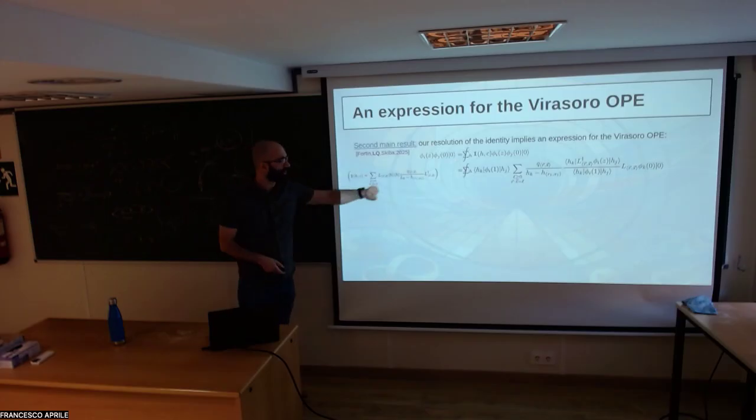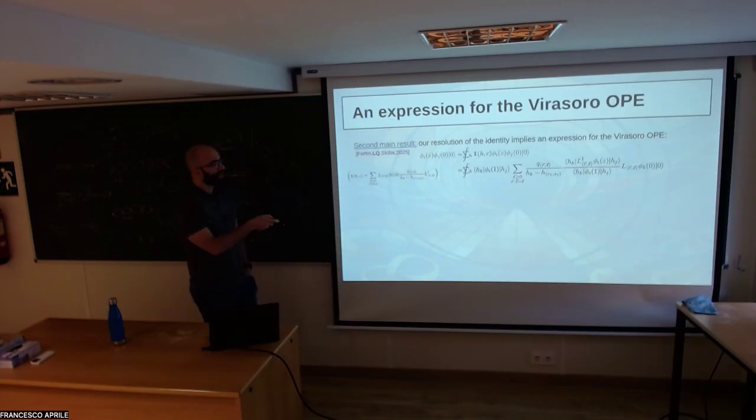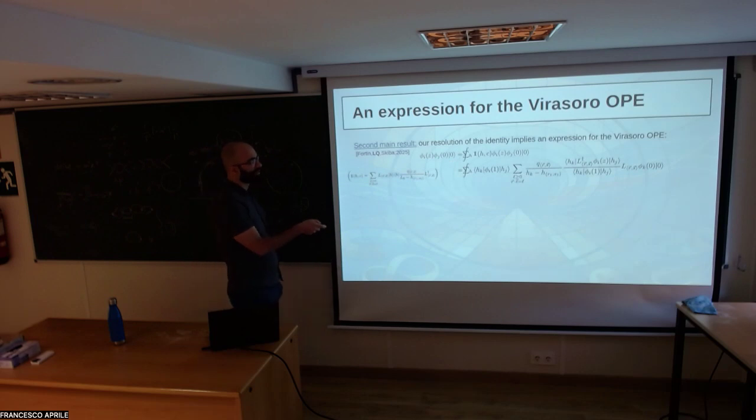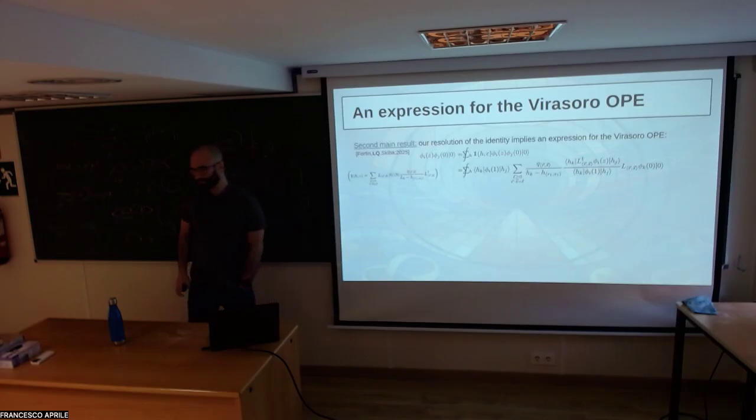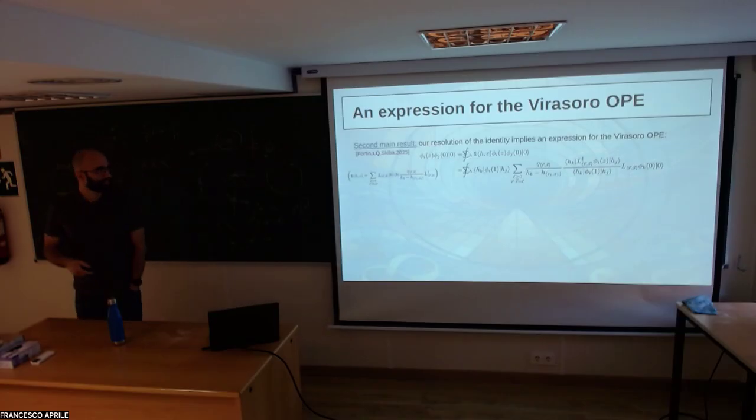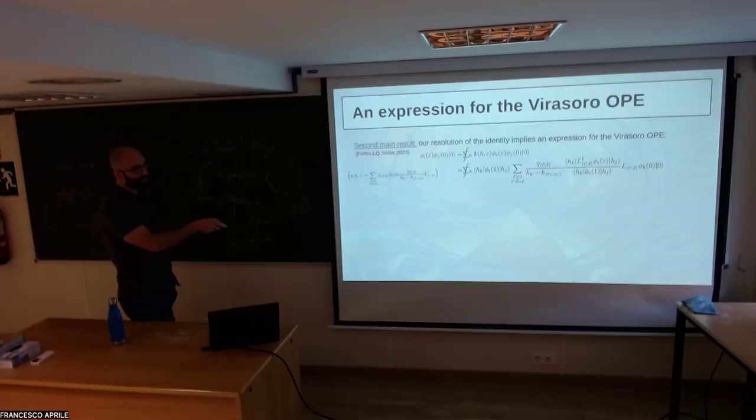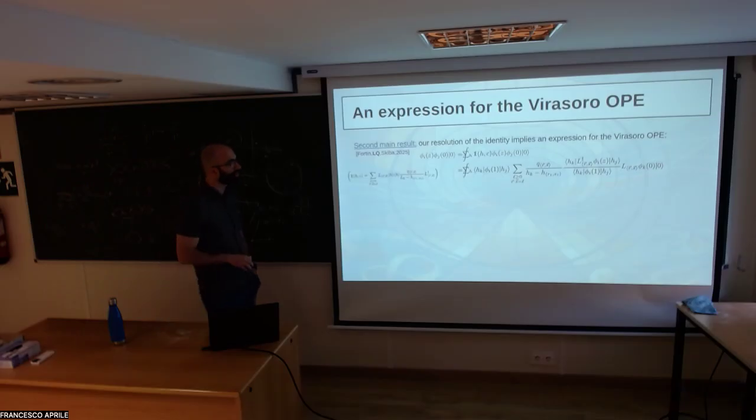I'm just plugging in the expression we determined, and we get some expression reorganized in terms of this quotient, which seems fairly complicated at this stage. We have the same coefficient that we had already determined. We have the action of singular vectors, the singular vector generators there, and here we have the OPE coefficients.